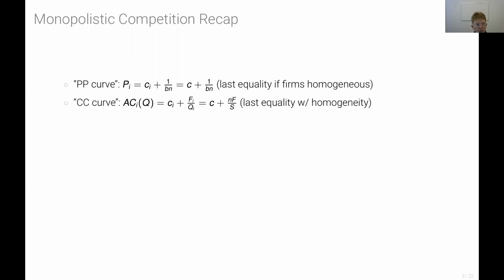Then we also have the CC curve, which is the average cost of a given firm. If firms are homogeneous, we can simplify by setting Q equal to S over N. Otherwise, the average cost is just c_i plus the fixed cost divided by the total number of units of production of my monopolistic competitor.